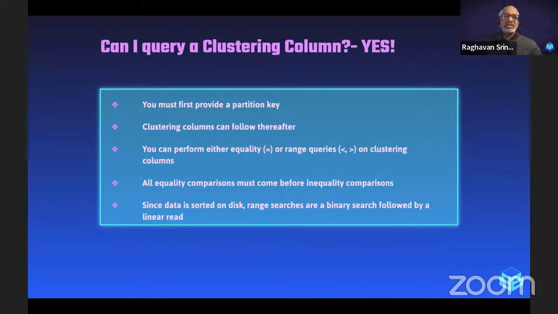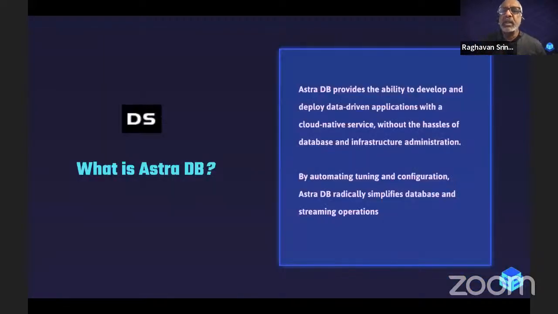There is a condition that all equality comparisons must come before inequality comparisons. Primarily all of this is done to optimize. Remember that linear scalability that I was talking to you about? All of that boils down to why we are doing it this way. You don't need to worry about searching algorithms and all that. We have optimized.